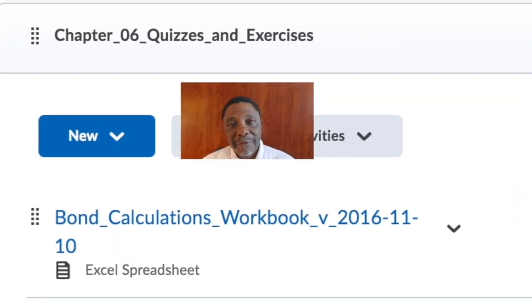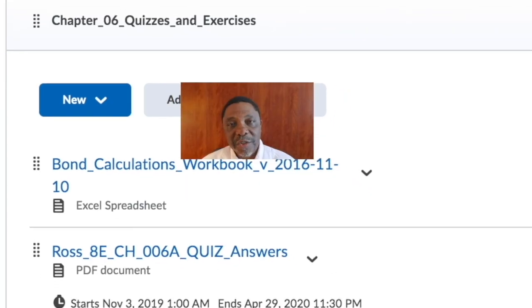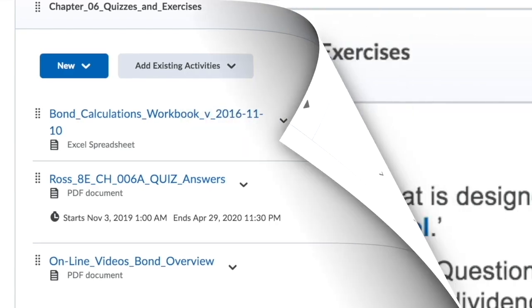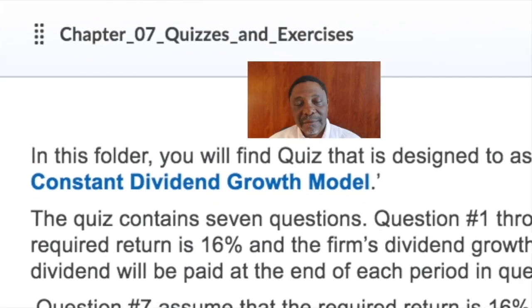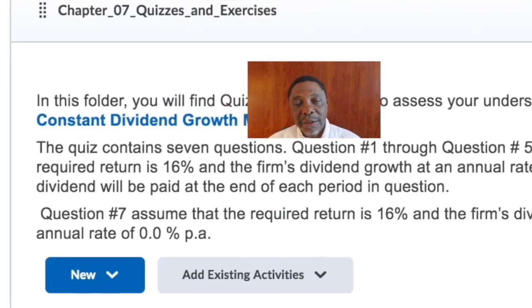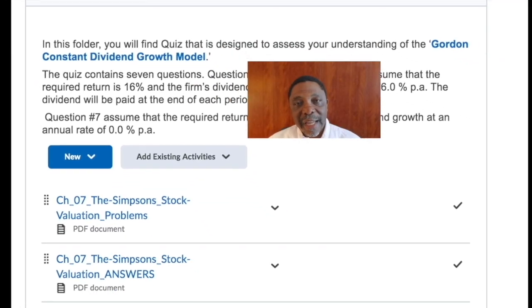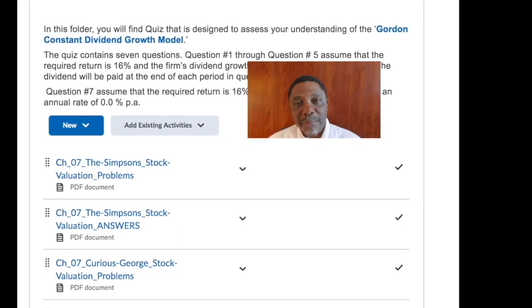Here, you'll find various worksheets, exercises, and resources for Chapter 6. And here, you'll see various worksheets, exercises, and resources for Chapter 7.